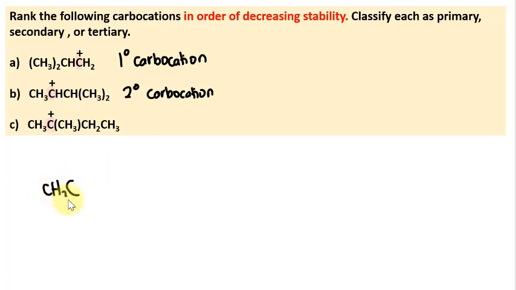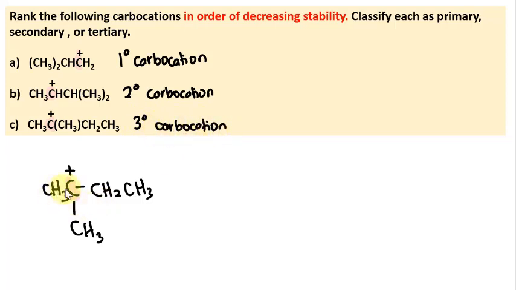So we have CH3 and then C+, and then we have a branch CH3. Remember the bracket shows the branch. And then we have CH2 CH3. From this drawing, we can see clearly that this carbon has three carbons attached next to it, so it is a tertiary carbocation.